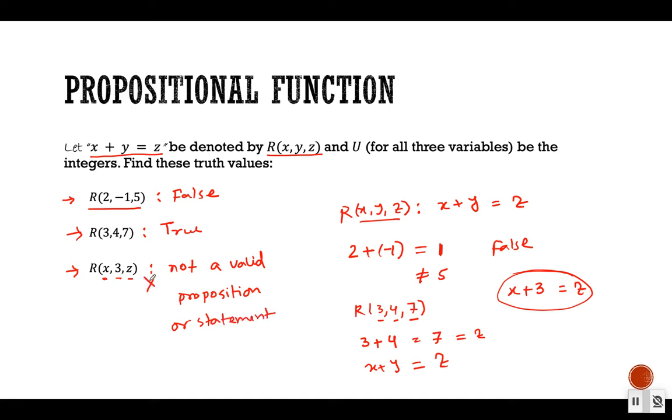That's not valid because we cannot evaluate it as either true or false. So each of the variables must be replaced by a value. I mean, we have to evaluate it as true or false. If there is one variable whose value we do not know, that means that's not a valid proposition or statement.